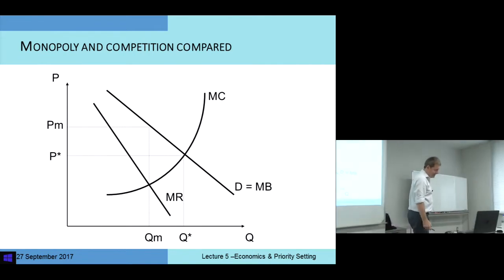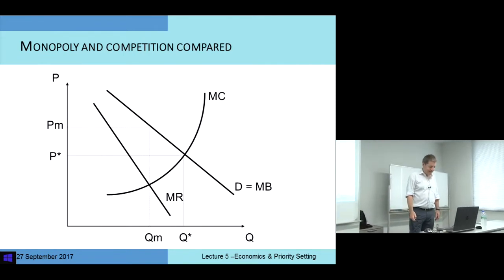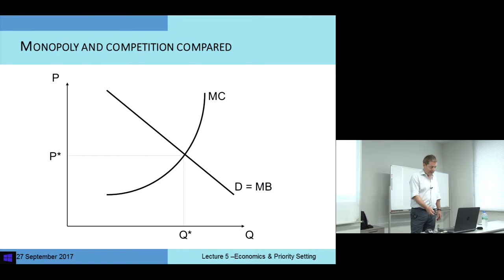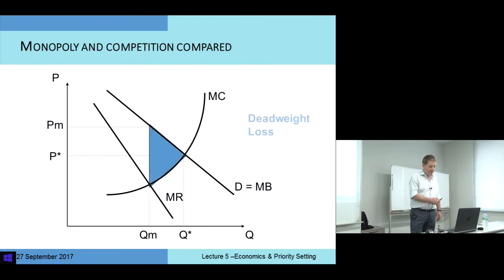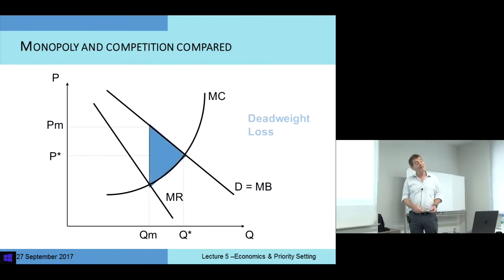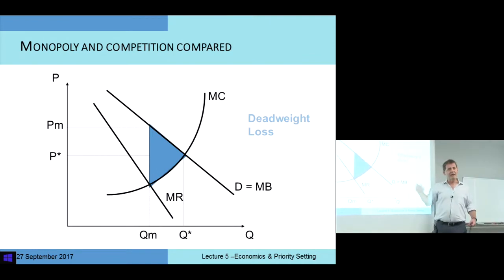This is rather bad for society, arguably, because we have something called a deadweight loss. Now, this demand curve is showing what people are willing to pay to get the good or service.